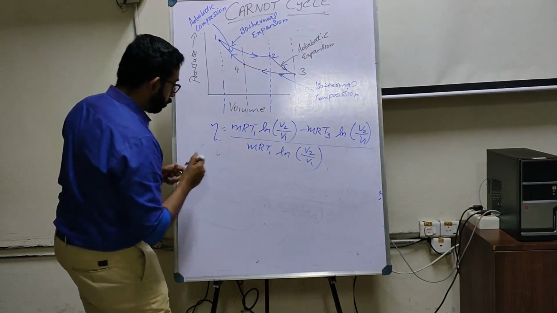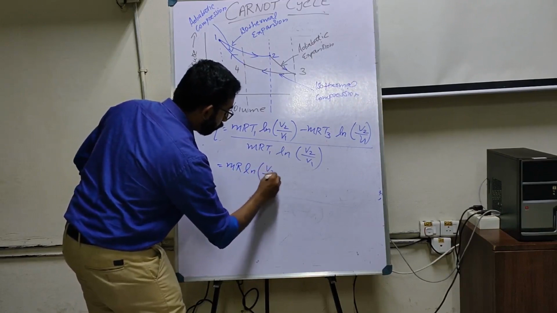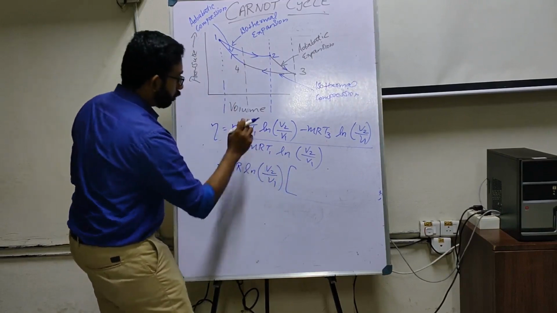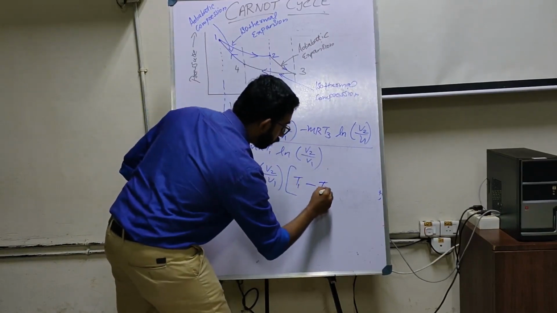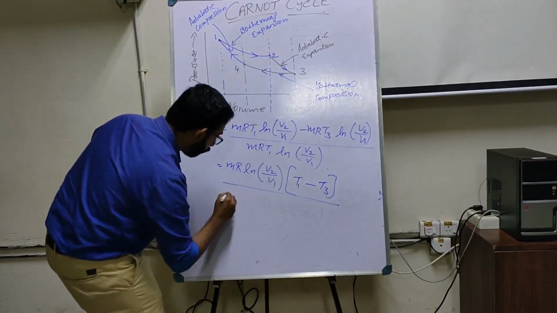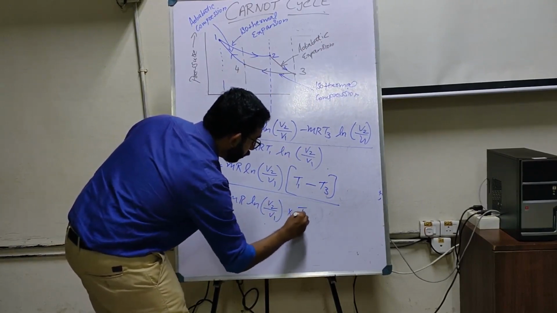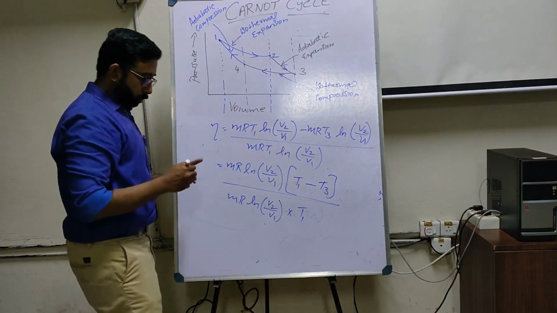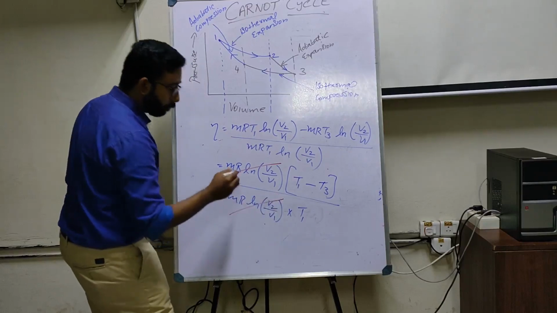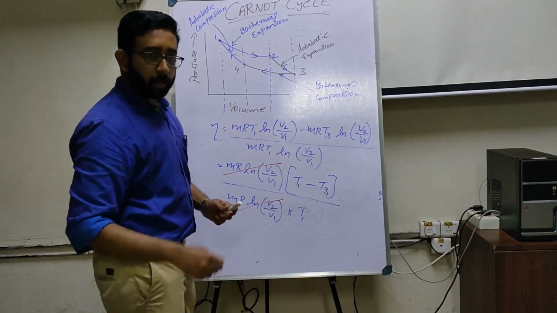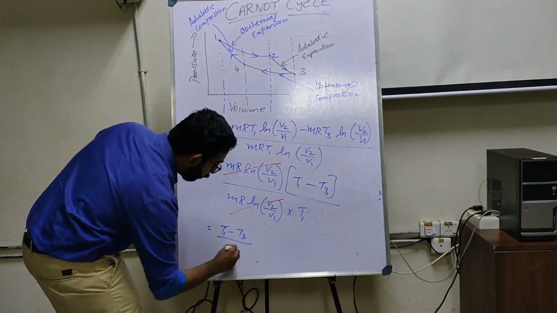The common terms will be M R into log of V2 by V1, and the only variable remaining is T1 minus T3, whole divided by M R log V2 by V1 into T1. So I am cancelling the common terms, M R log V2 by V1. The remaining expression will be T1 minus T3 whole divided by T1.